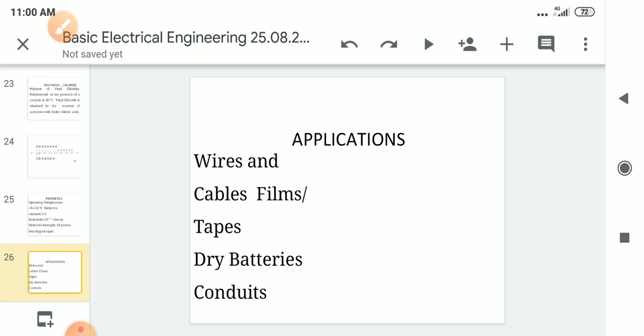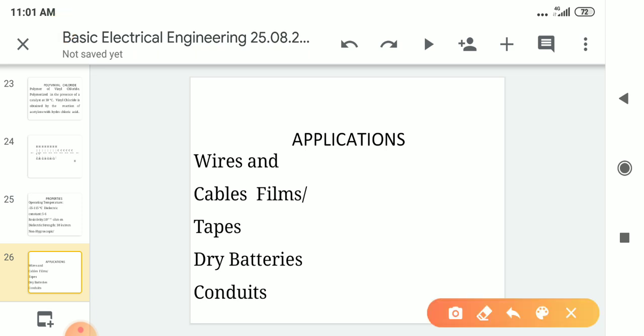And PVC insulated cables are commonly used for low and medium voltages, domestic and industrial light and power installations. It is used as insulation for wires in military, aircraft, communication, radio and television.